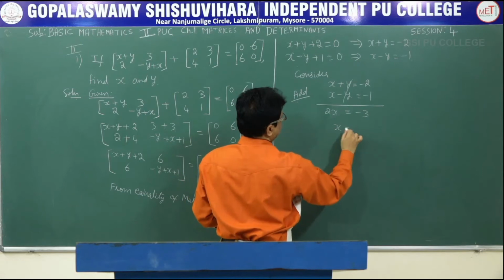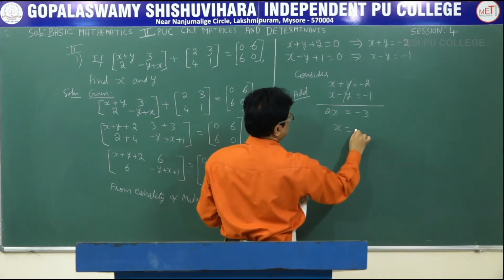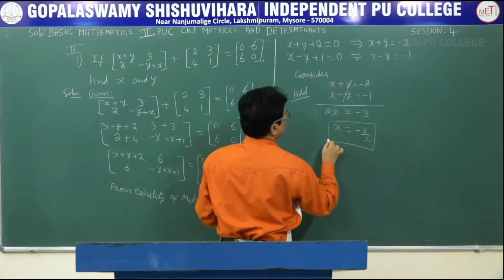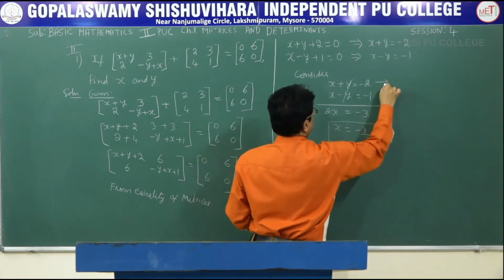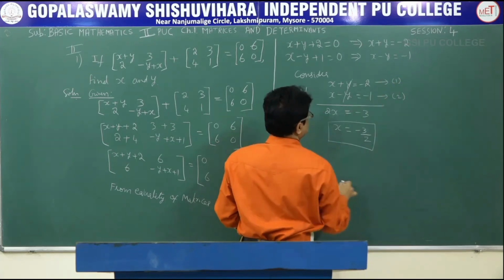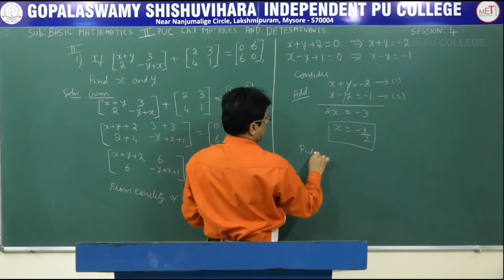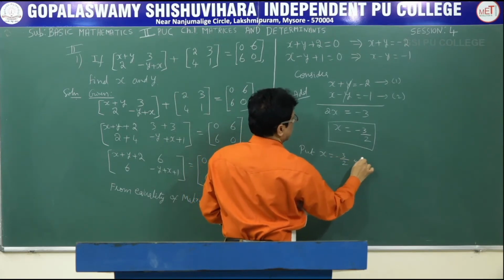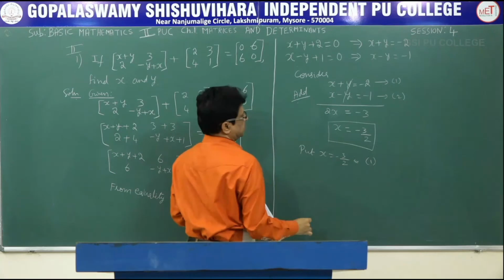So x will be equal to minus 3 by 2. We call this equation 1, this equation 2. So put x equals minus 3 by 2 in equation 1.